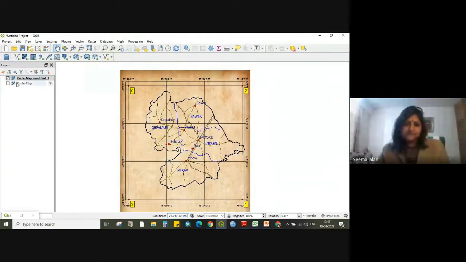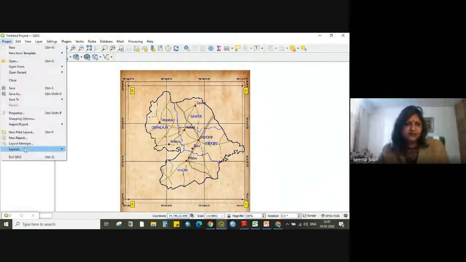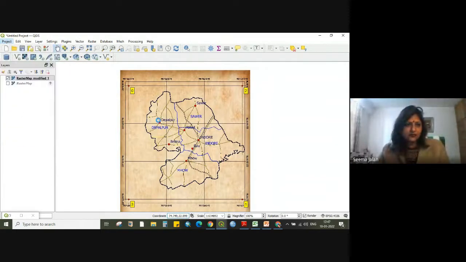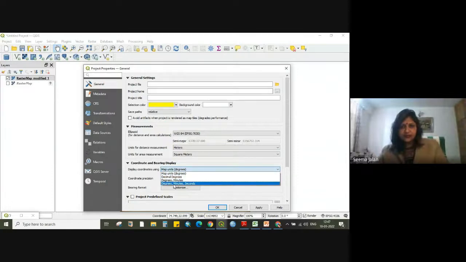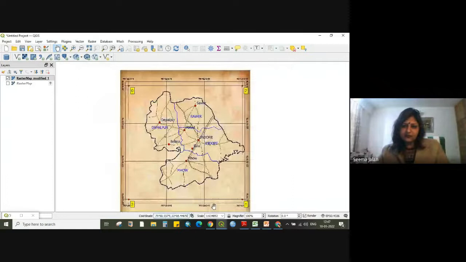If you're not happy with degree decimal, go to project properties, go to general, and here under coordinate display, take degree, minute, second, or degree, minutes would be fine. Apply. You now have the coordinates in degree, minute, second.